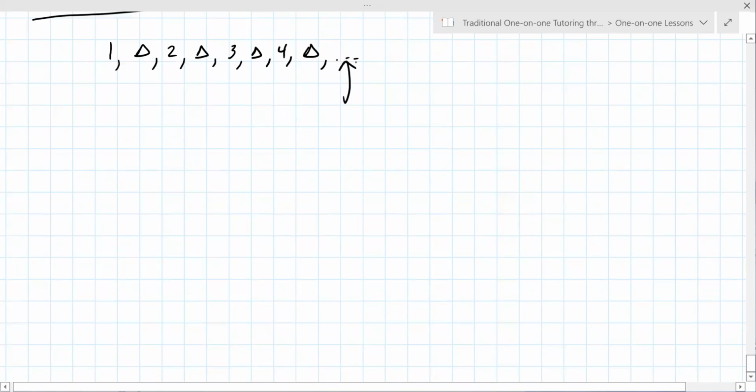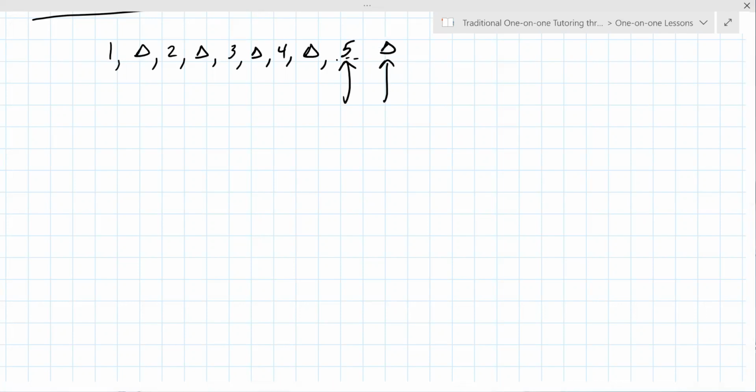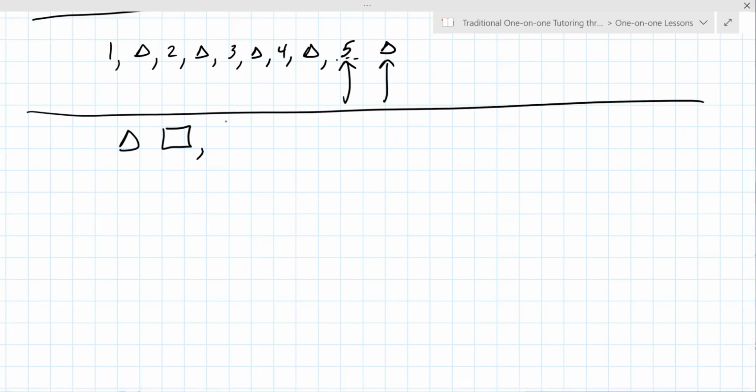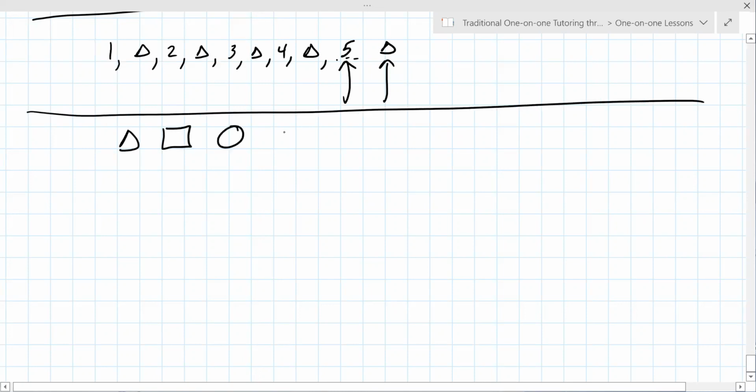What would be next? 5. And what would go next? A triangle and then 5 and a triangle. So a pattern does not have to be just numbers. It can have shapes. In fact, it could even have all shapes. It could be triangle, square, circle, triangle, square, circle, and so on.